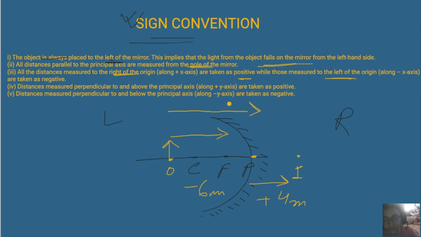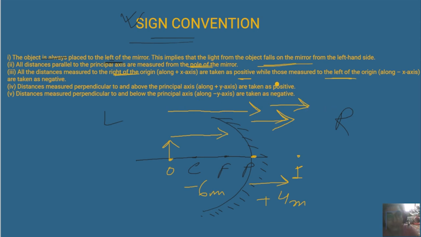Since we are calculating all the distances with respect to the pole, when we measure something like the distance of the image from the pole, it will be positive, because left to right is taken as the positive direction.